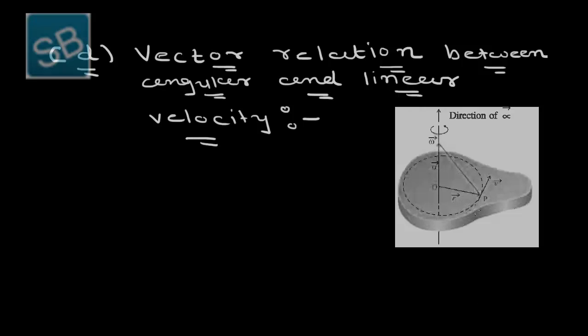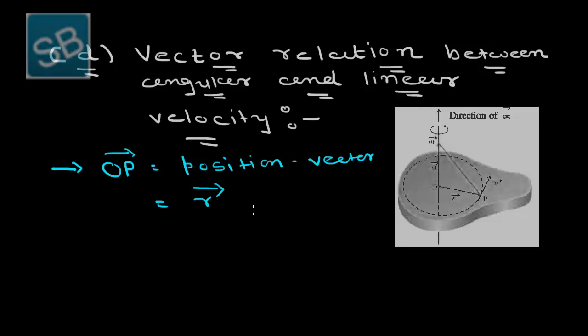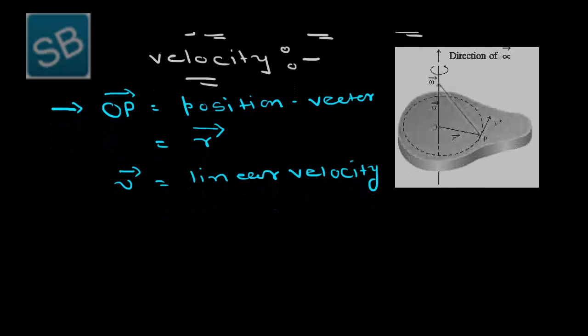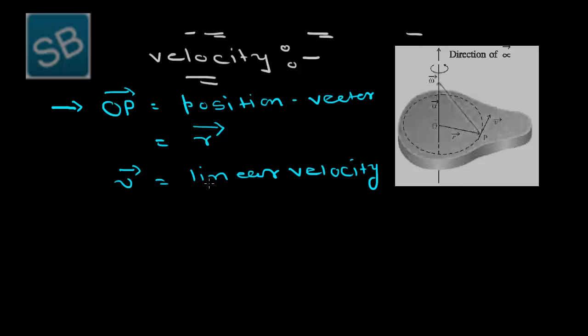Here the motion of the rigid body is shown, in which the position vector r, meaning OP, and the particle P is moving with the linear velocity v, and this particle P is moving with the condition that satisfies rotational motion, and you can see clearly the direction of omega, meaning the direction of angular velocity.